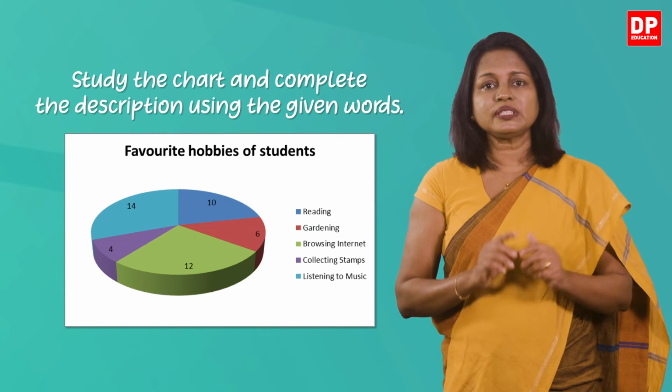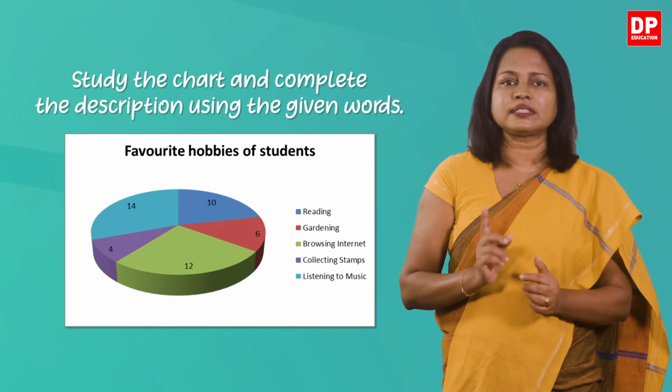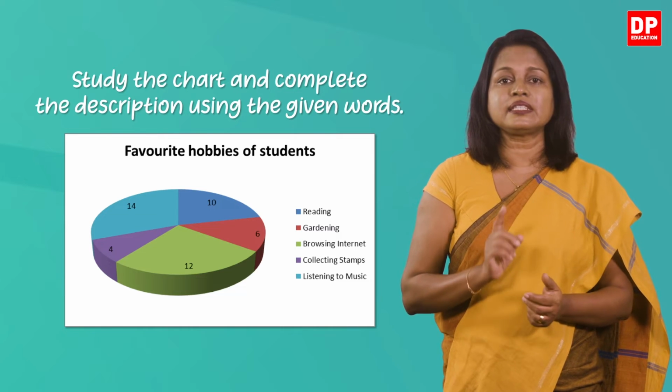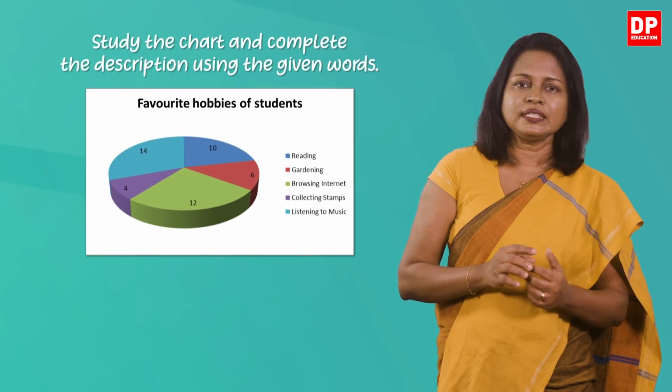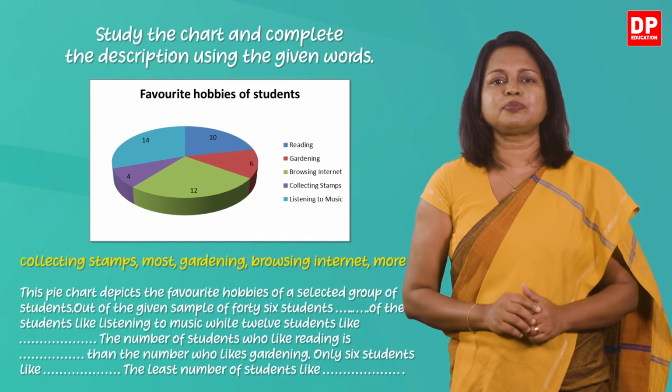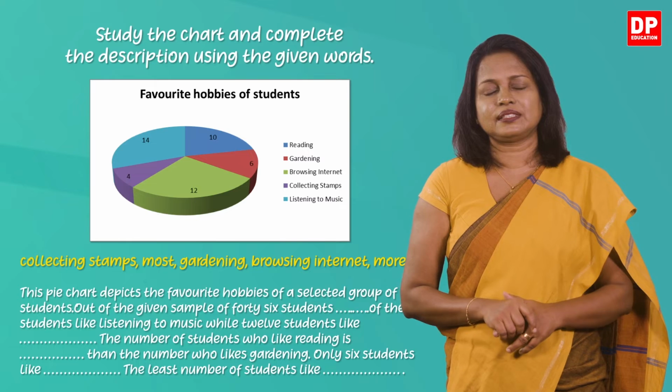Now let's do an activity to see whether you can understand the information in a chart. This pie chart shows the results of a survey conducted among 46 grade 10 students about their favorite hobbies. Study the chart and complete the description using the given answers.